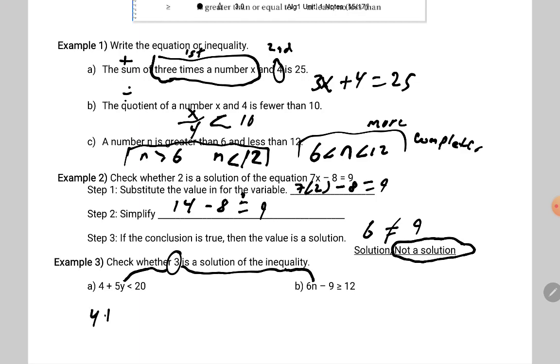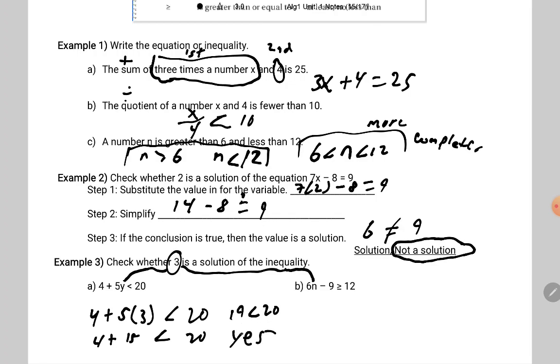So 4 plus 5 times 3, is that less than 20? 4 plus 15, is that less than 20? 19 is less than 20.